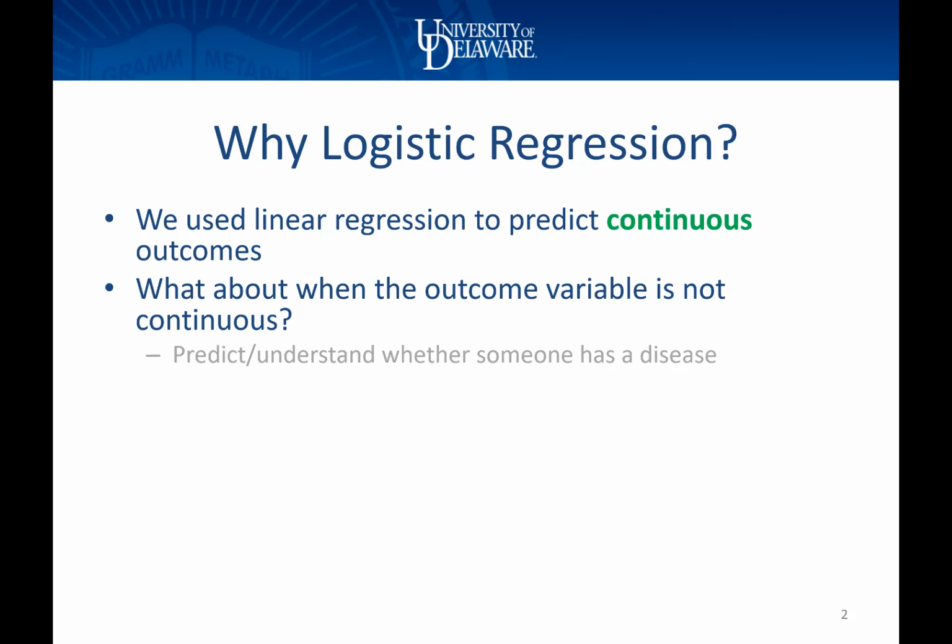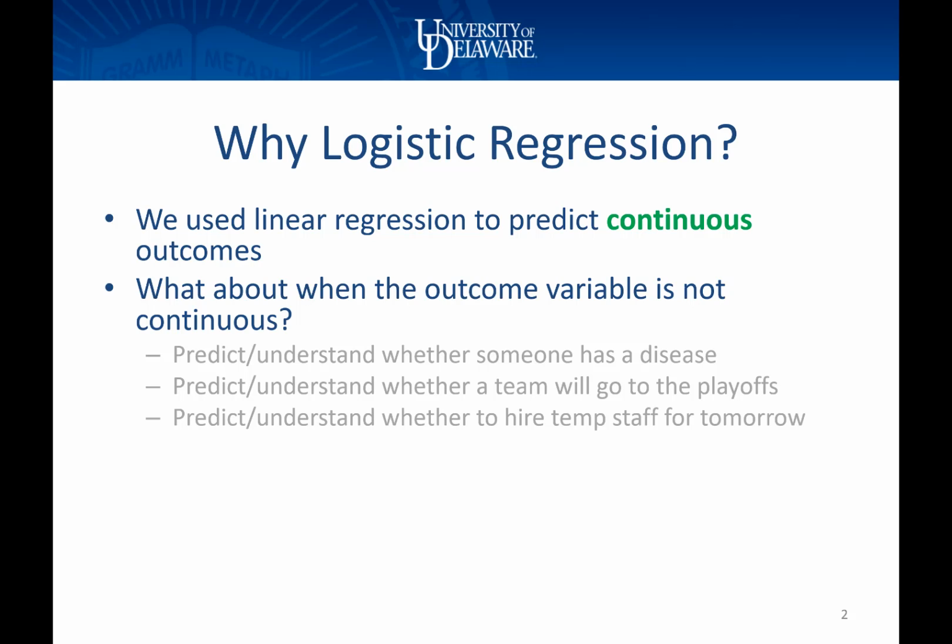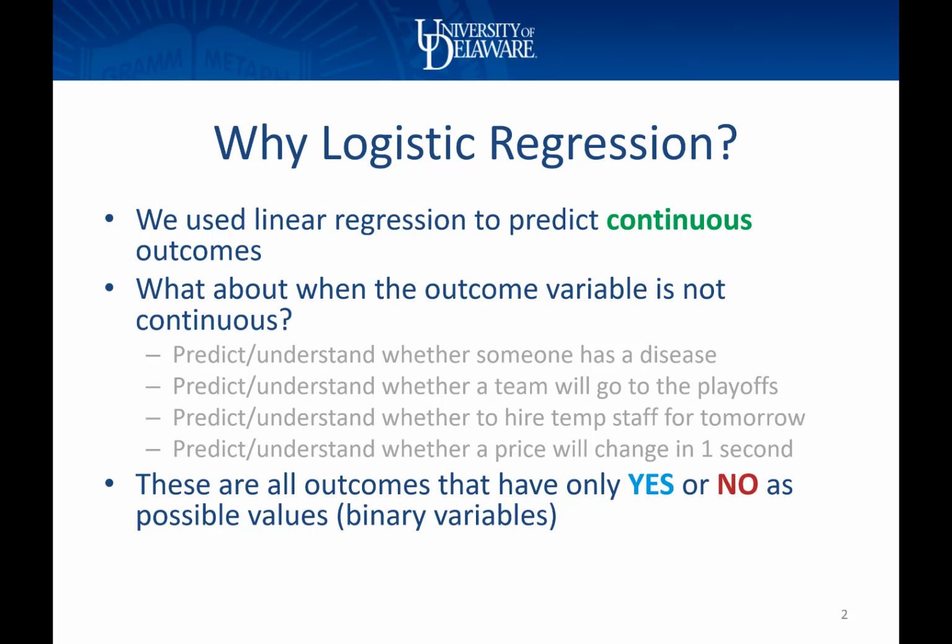Some examples of that might be if we want to predict or understand whether someone has a disease, whether a team will go to the playoffs this year, whether we might need to hire temporary staff to help deliver our packages tomorrow, or maybe if a stock price is going to change in the next second. These are all outcomes that have yes or no as possible values. They're binary. And so far, we don't know how to use those as the response variable in a model.